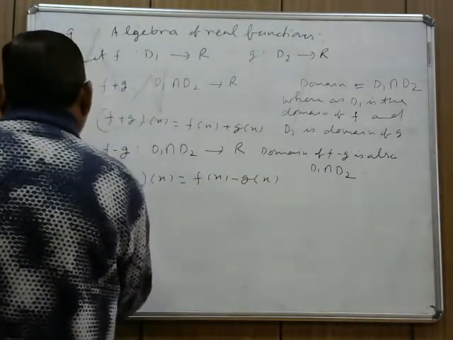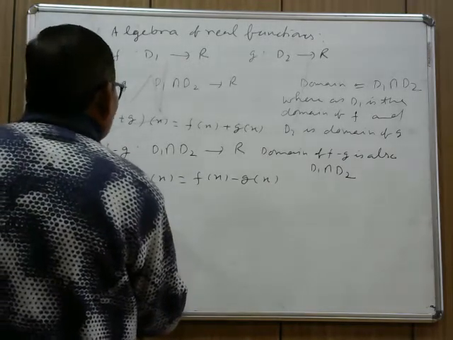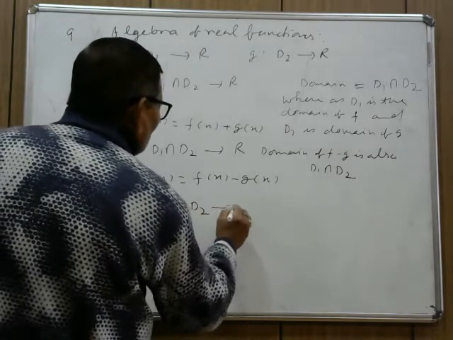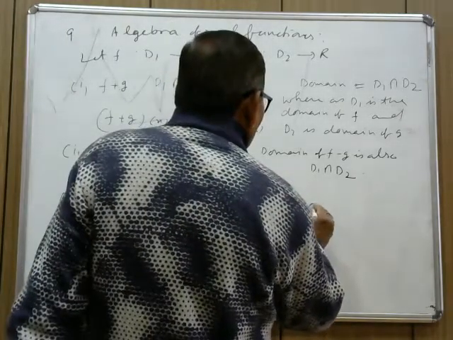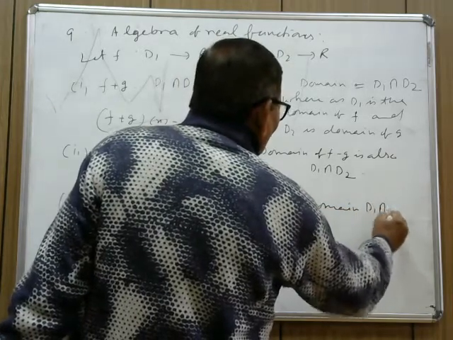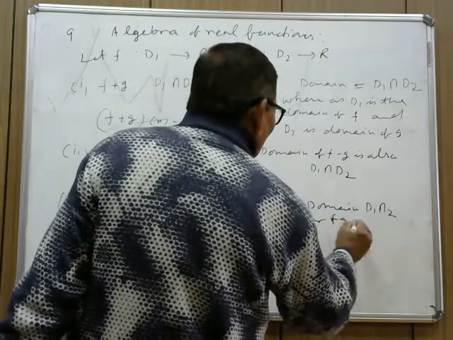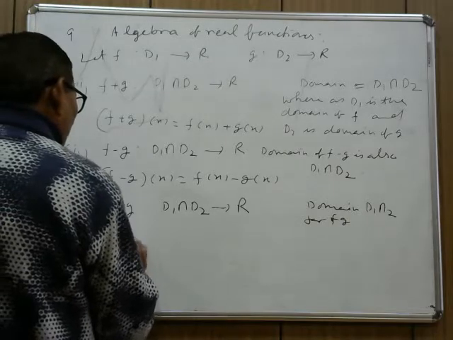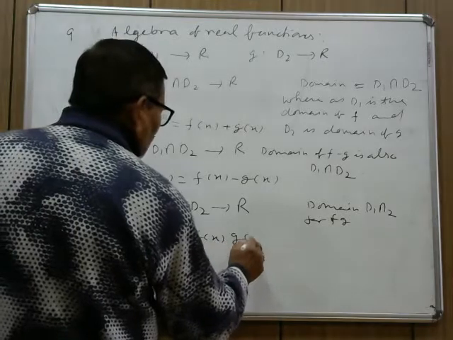Third, multiplication. f into g is also a function from D1 intersection D2 to R. The domain is again D1 intersection D2 for multiplication. So (f into g) of x, the product, is defined as f(x) into g(x).